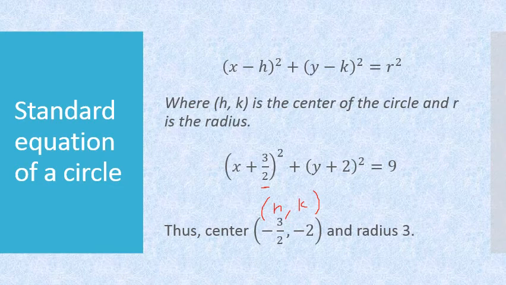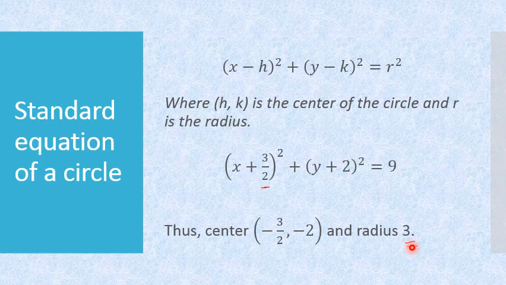So, we take the root para makuha natin yung ating radius as 3. Okay? So, finally, we have the center, negative 3 over 2 and negative 2 as your coordinates of your center, and the radius is 3.